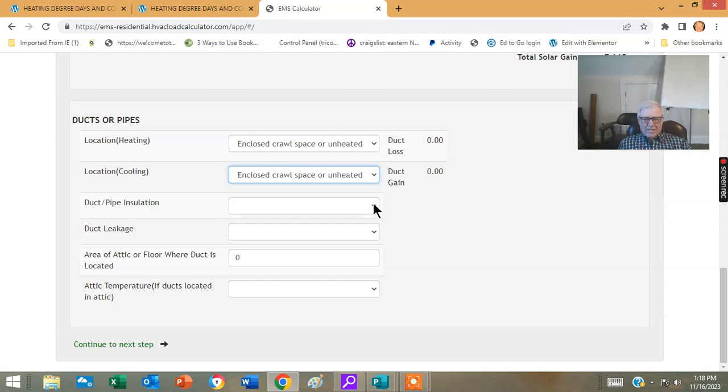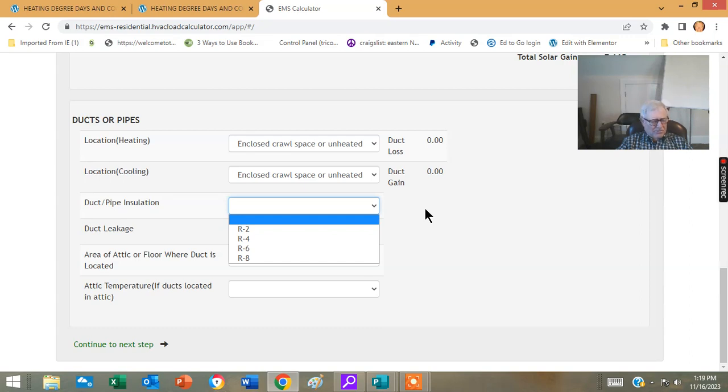How much insulation do we have on? Well, here's your question. Are we going to put in a new duct system, or are we just going to make a change out and leave the ducts as they are? Let's say it's a change out and we're lazy. We're just going to leave them. We're not going to replace the ductwork. Well, it's pretty old ductwork, so it's got about 1 inch of insulation on the ductwork, which is an R2.